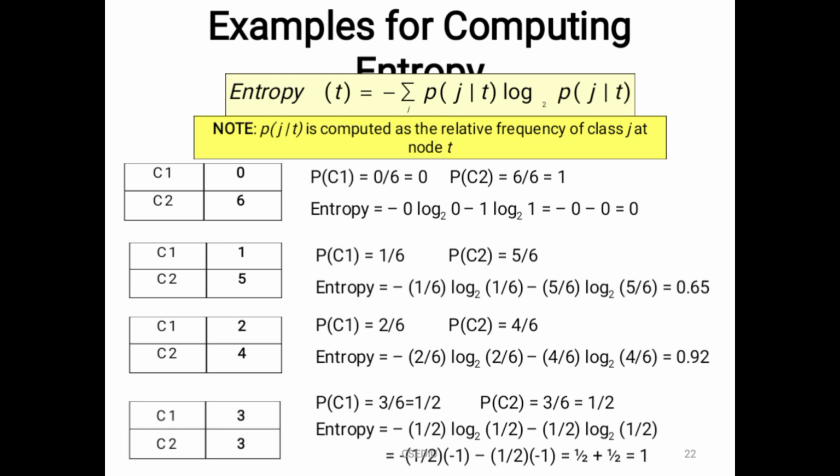Then p of C1 is 0 over 6 equals 0, and p of C2 is 6 over 6 equals 1. Then we apply the entropy formula, and the value comes to 0. Before, we checked the first process. All 3 processes are the same as the first process.